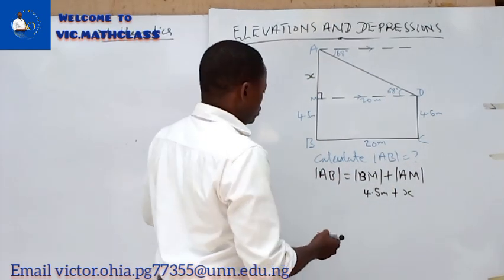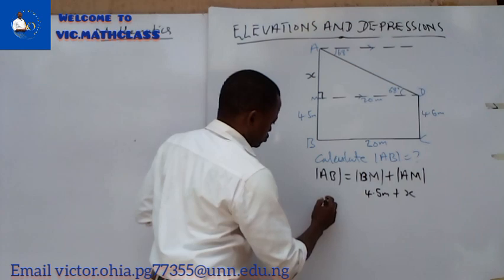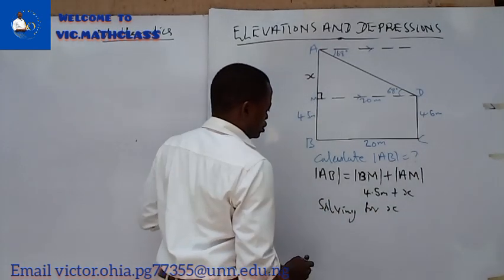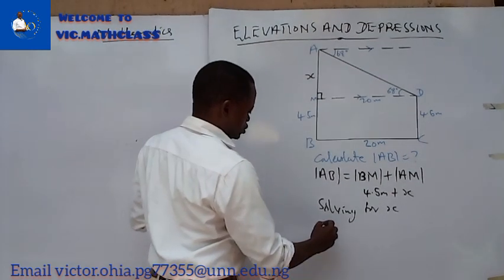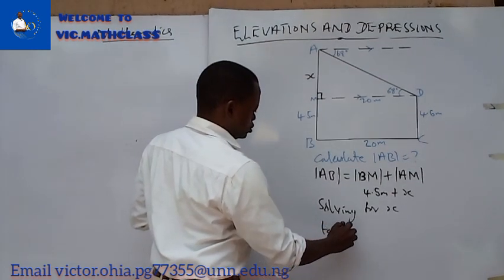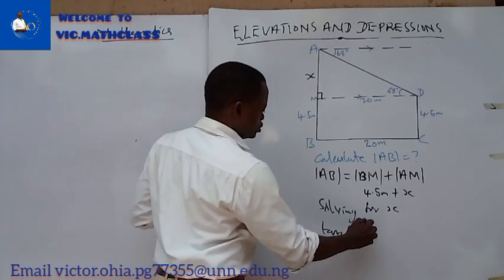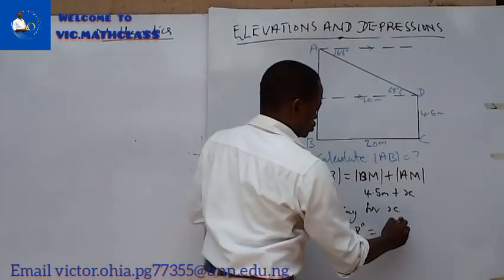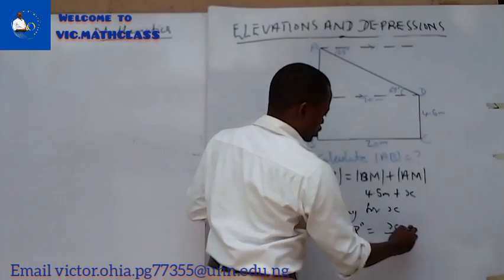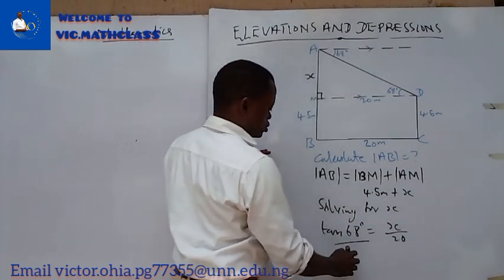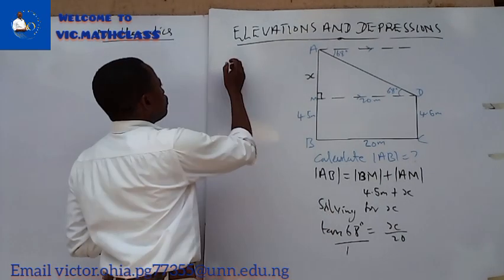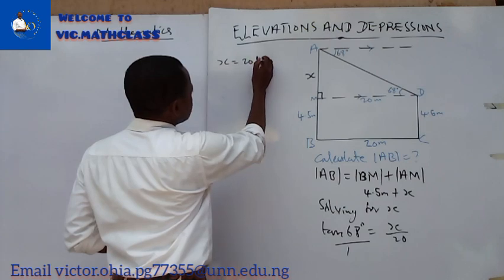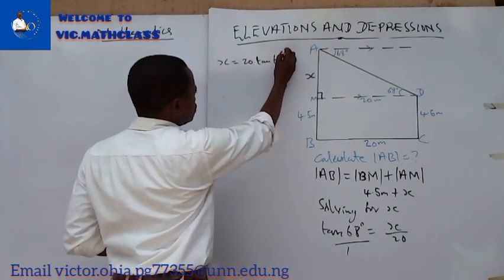So solving for x, tan 68 degrees equals opposite over adjacent, which is x over 20. If I cross multiply, x equals 20 tan 68 degrees.